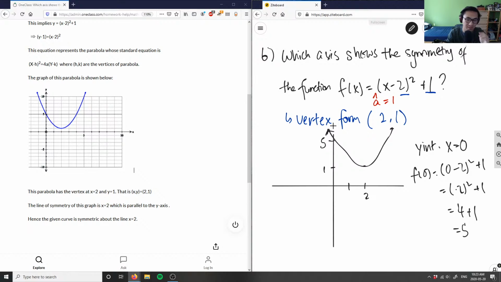But what you can do is draw a dashed line right at the vertex to figure out that these two places are supposed to be symmetrical. It doesn't really show in my diagram, but both of these sides are symmetrical.